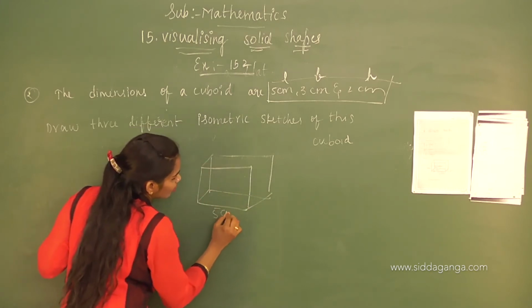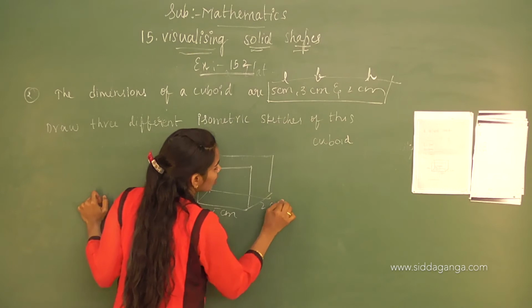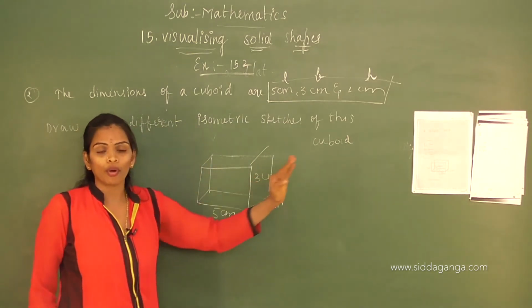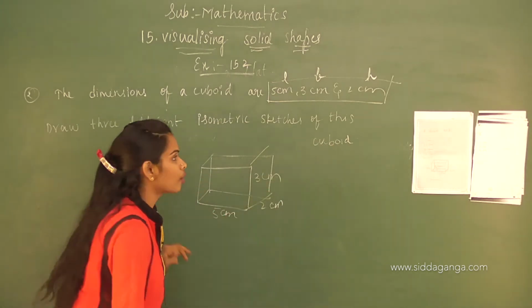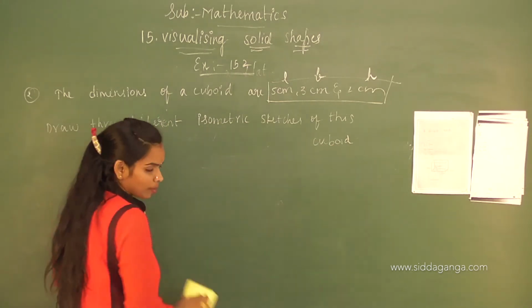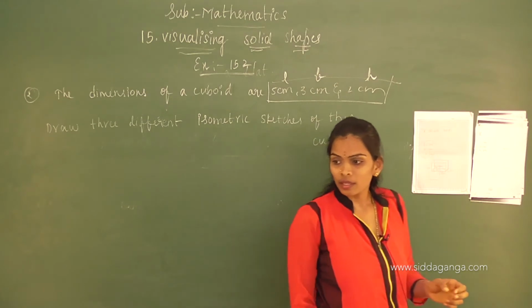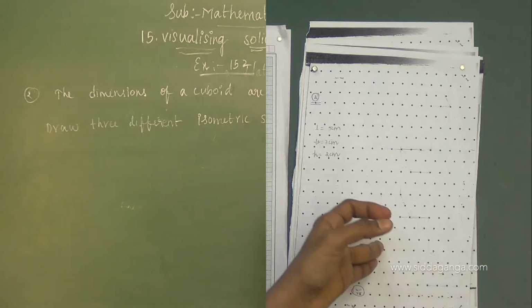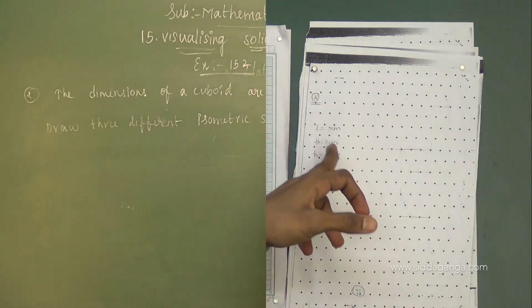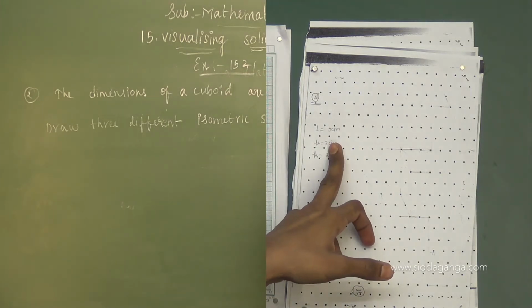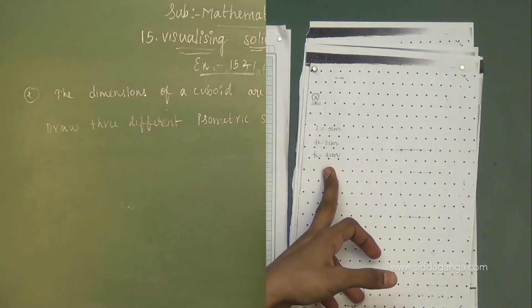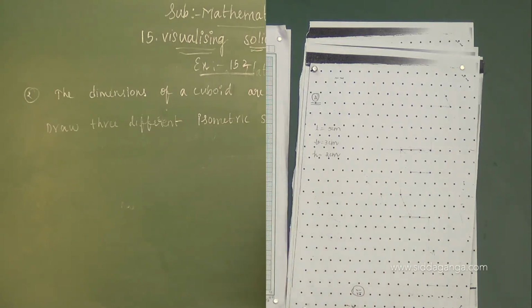This is 5 centimeters, height is 2 centimeters and breadth is 3 centimeters. See here, the dimensions: length equals 5 centimeters, breadth equals 3 centimeters, height equals 2 centimeters. We have to draw the cuboid now.